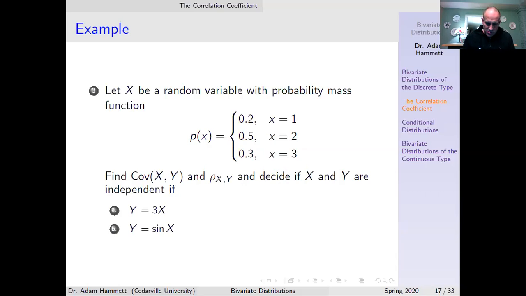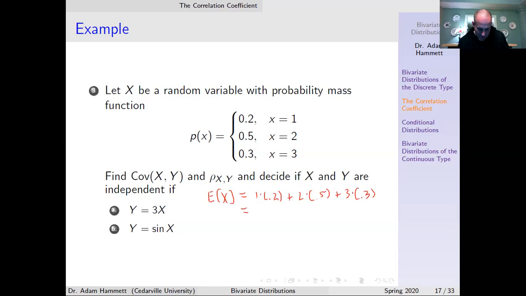So what about the expected value of X? Well, that's going to be equal to 1 times 0.2, plus 2 times 0.5, plus 3 times 0.3.